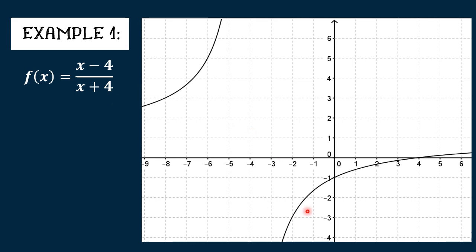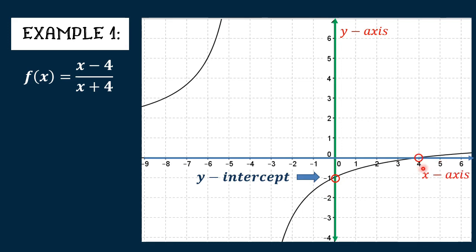Notice that the graph touches the y-axis, and this point of intersection is what we call the y-intercept. And where the graph touches the x-axis, we call this the x-intercept.